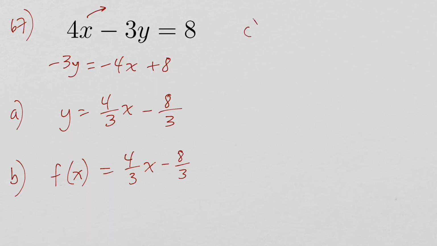And part C, f of 0 is equal to 4/3 times 0 minus 8/3, which is, well, I'm sorry, we're finding f of 3. Why am I plugging in f of 3?